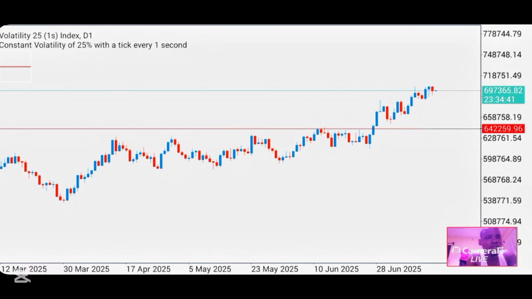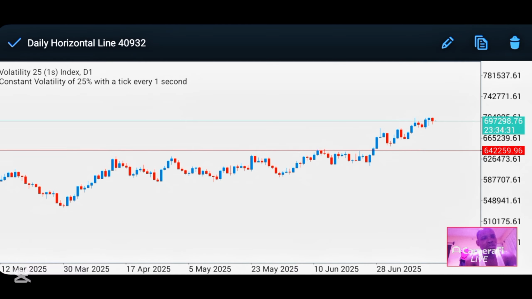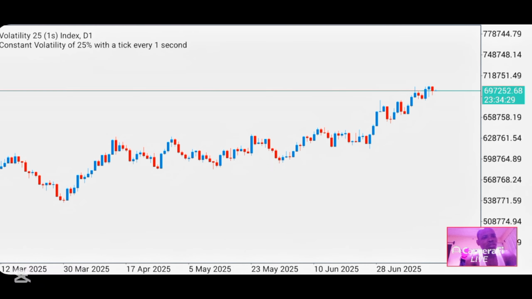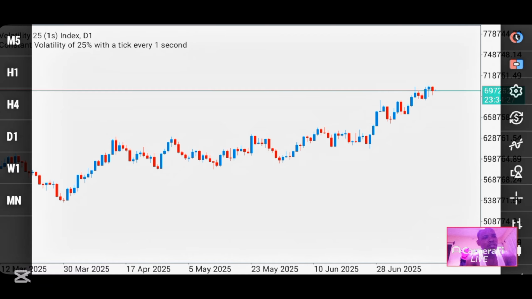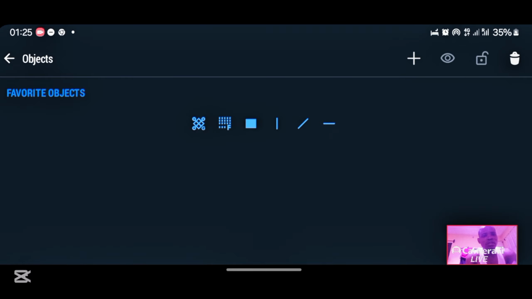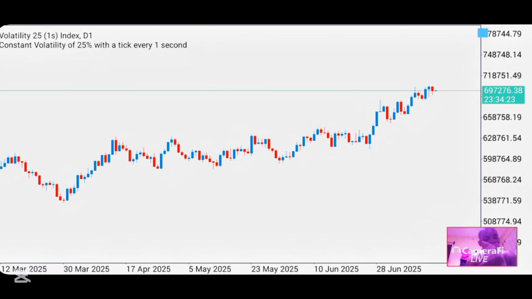Can you see the horizontal line? If you cannot use the horizontal line, you can use the rectangle. Let's use rectangle. See the market from here to here. This is analyzed from the daily time frame.